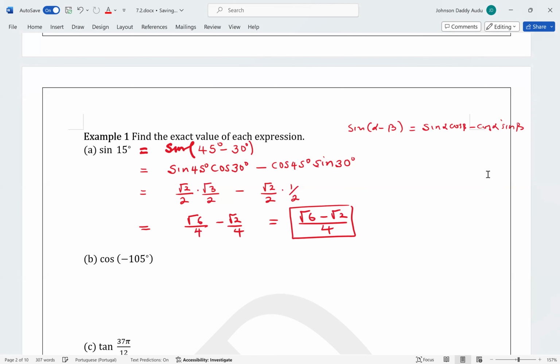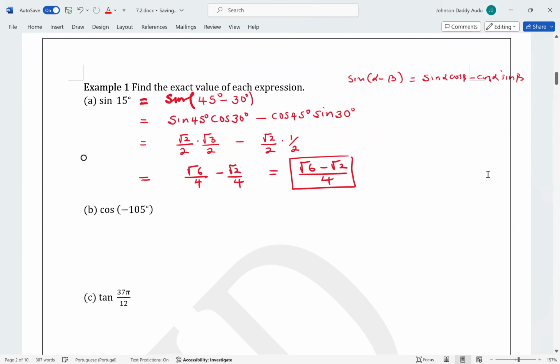Now for the second one, this is cosine. We know that cosine is even, so this is the same as cosine of 105. This is the even property of cosine.